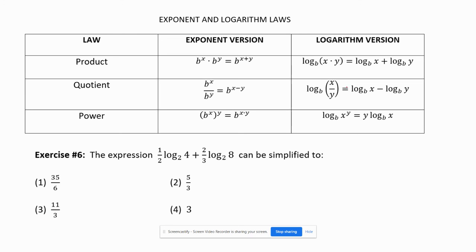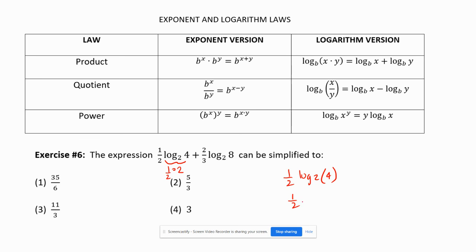Okay, this one doesn't have variables anymore, so we've just got some number choices. And so now we don't really need these laws for this problem. We can just take this first, 2 to the second power is 4 times 1/2. So I can rewrite this over here. I'd like to use the parentheses.